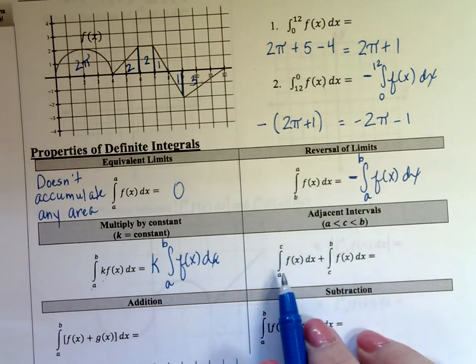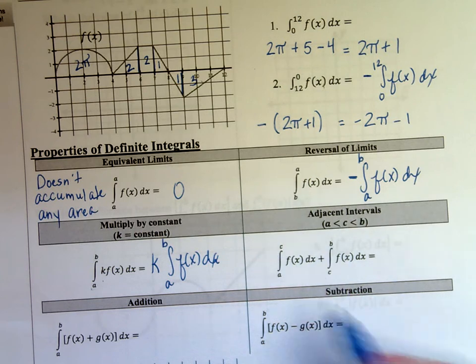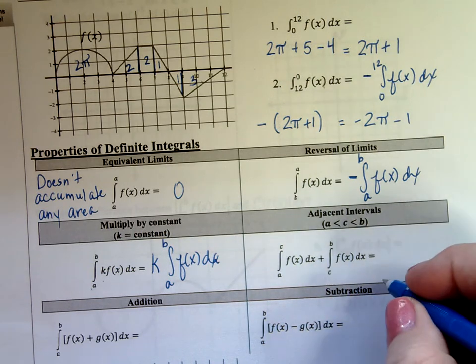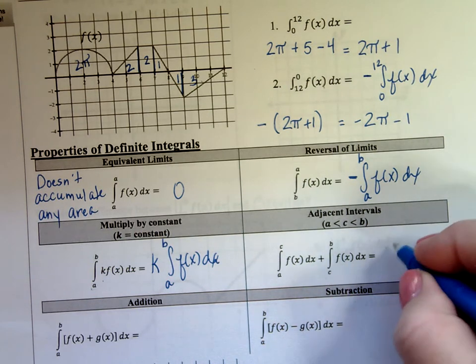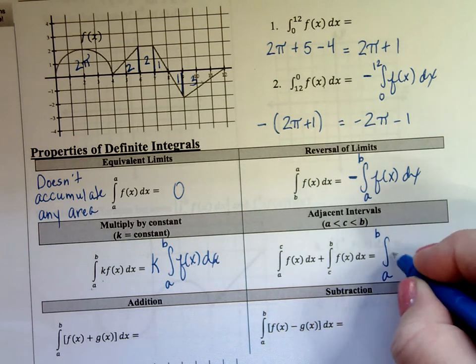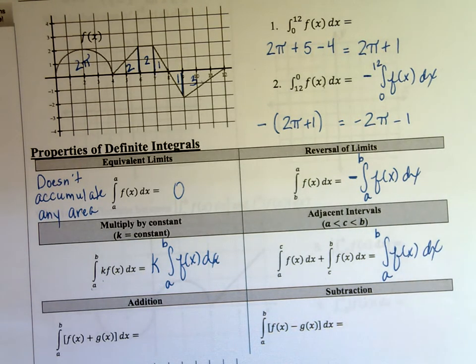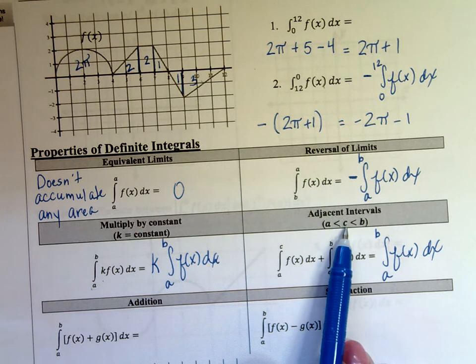So you'd have like 1 to 3 and 3 to 5. Well, that would be the same thing as 1 to 5. So that's what this last one is, that you're allowed to add these up. This would be the integral from A to B for f of x dx. You add the piece from A to C, add the piece from C to B, you get the piece from A to B. That only works if C is between them.